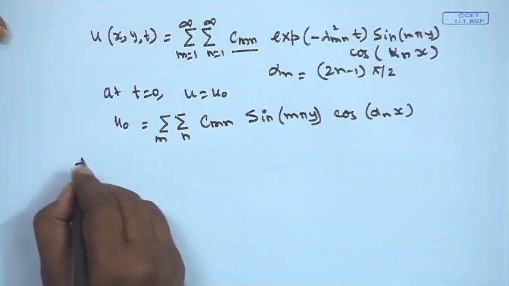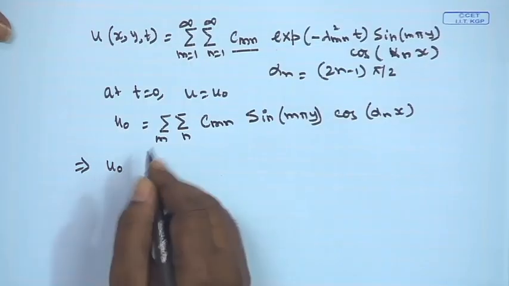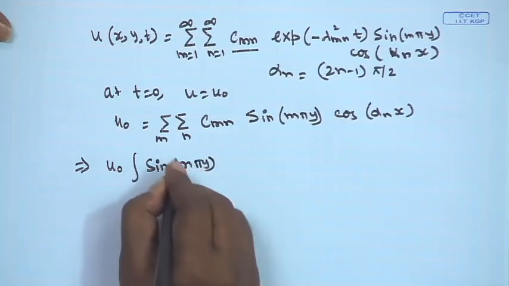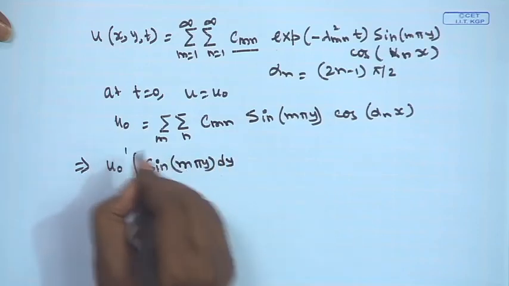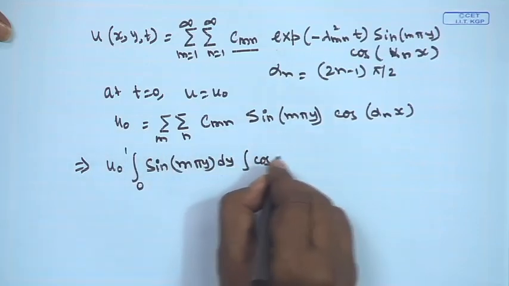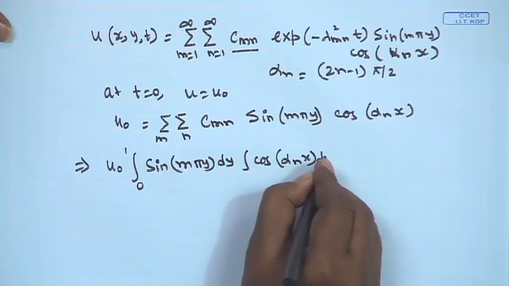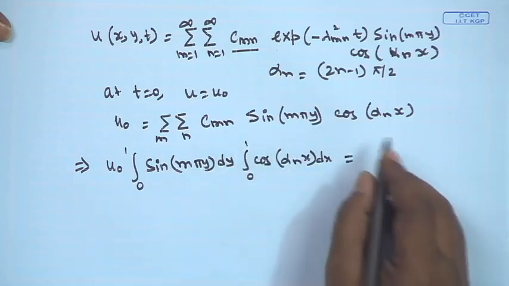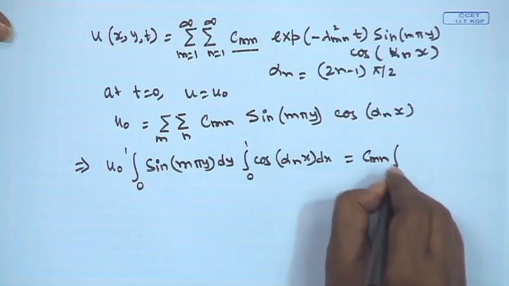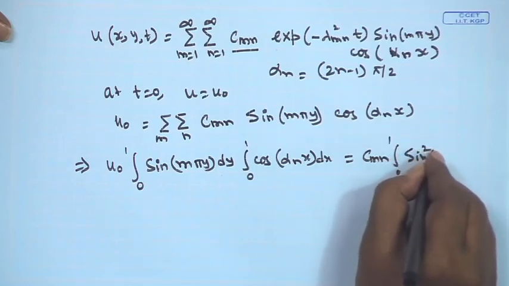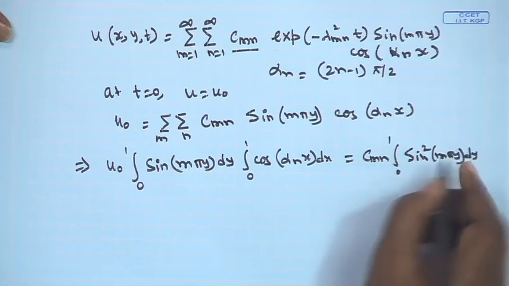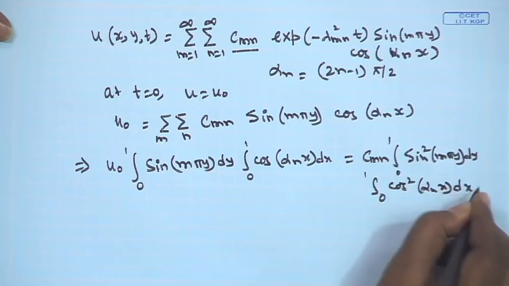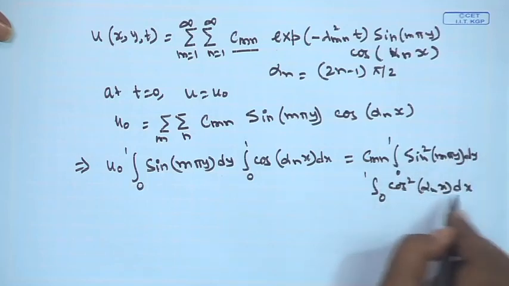Utilizing the separation of variables, we get u naught times integral of sin m pi y dy from 0 to 1 times integral of cosine alpha n x dx from 0 to 1, and only one term will survive on the right hand side when m is equal to n, and we get C m n times integral of sin square m pi y dy from 0 to 1 and integral of cos square alpha n x dx from 0 to 1. We have already seen that this integral is half and this integral is half.